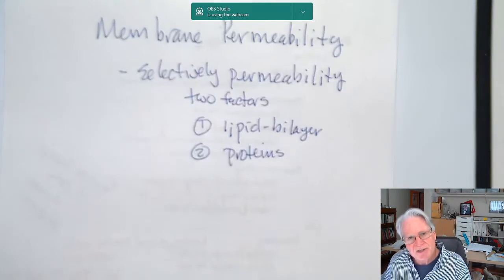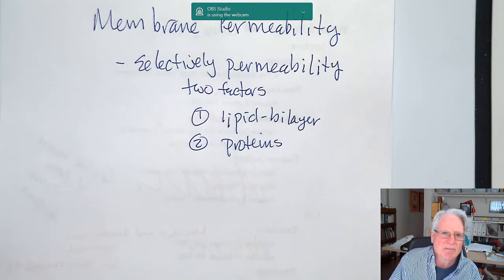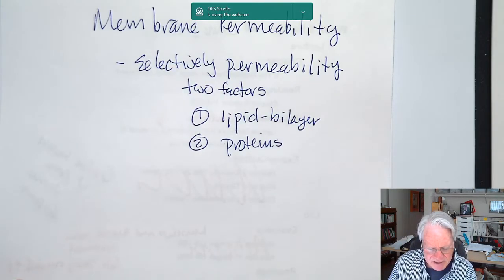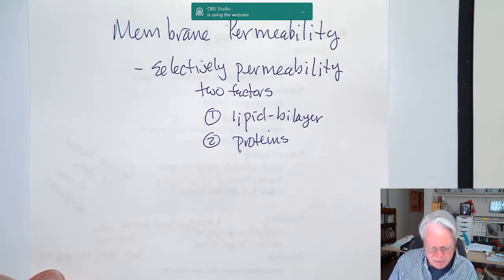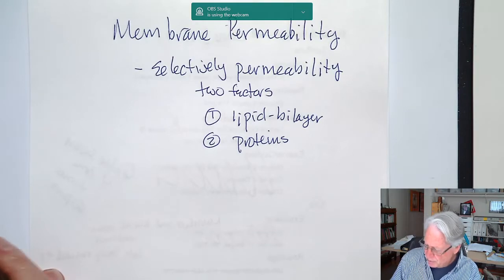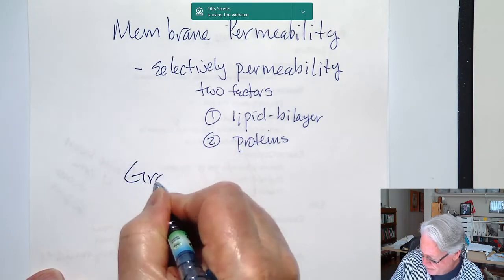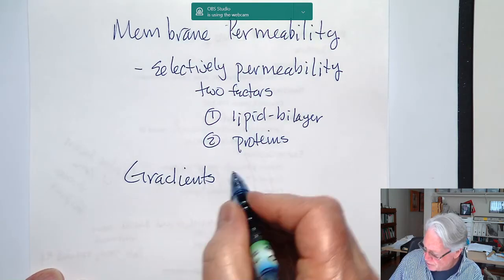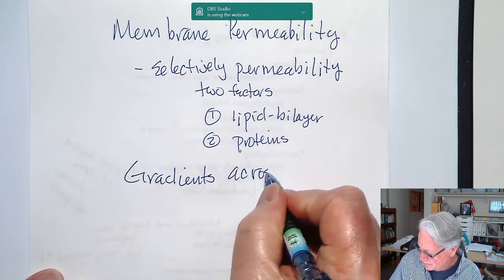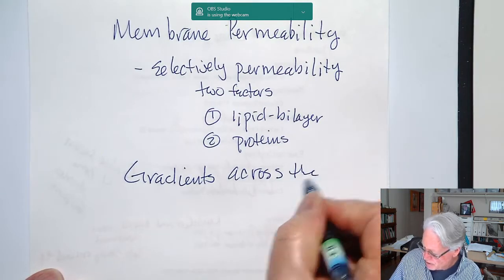All right, in order to discuss this idea of membrane permeability, we have to get at some other concepts, and then we'll apply that to this broader concept of membrane permeability. So we're going to talk about gradients across the plasma membrane.